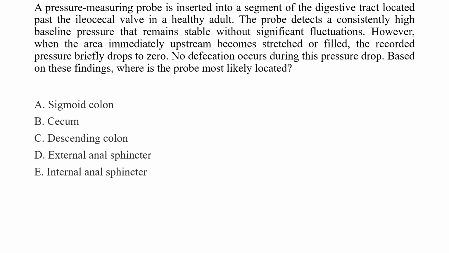In this question, we should recognize the clues which are given. There are three clues in this question. Number one, high resting pressure. This indicates a location with constant tone rather than fluctuating peristaltic activity. Number two, the fact that the pressure drops to zero with upstream distension.